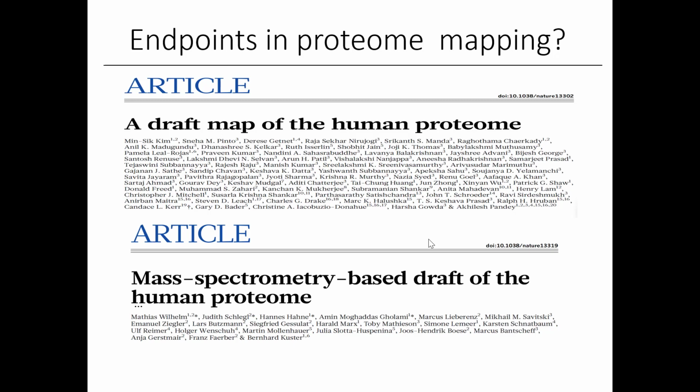So there are two things I want to comment on about this stage. The title of these papers clearly said that we had reached in proteomics a stage that was reached in genomics a decade ago, where we know basically how a proteome looks.